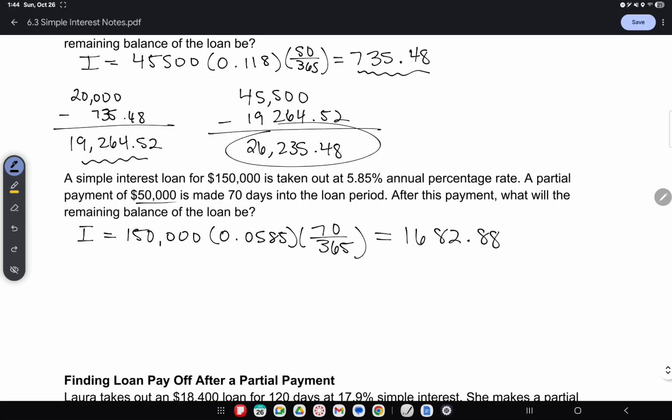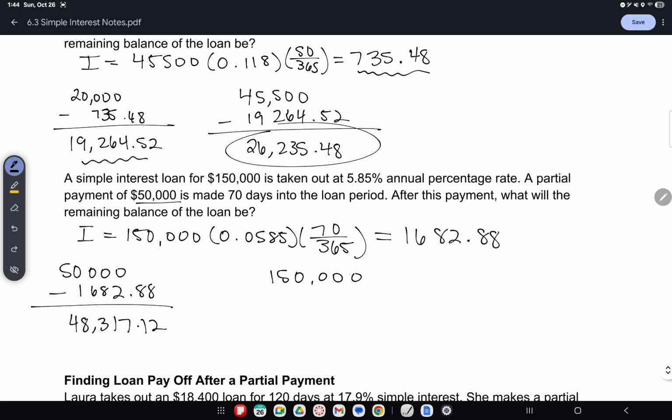A partial payment of $50,000 was made, so we'll take that $50,000 and subtract off the $1,682.88. So $48,317.12 is what went to paying off the loan.